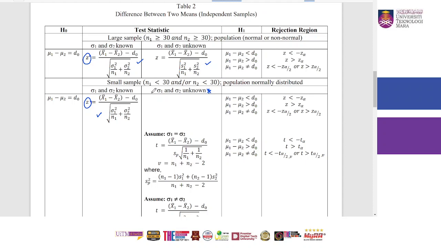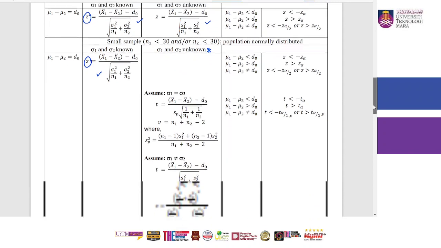It can either be N1 is less than 30 or N2 is less than 30 or both is less than 30. So maknanya dia sama ada salah satu kurang dari 30 ataupun kedua-duanya kurang daripada 30, maka kita katakan dia adalah small samples. And you require that the population is normally distributed. If the sigma 1 and sigma 2 unknown, then this will be the situation.